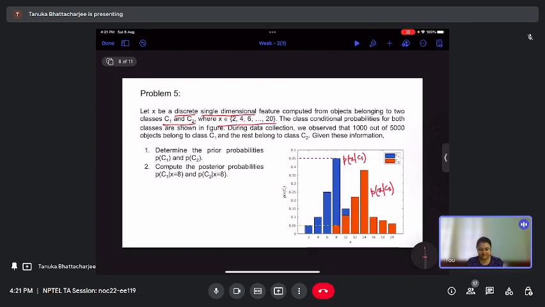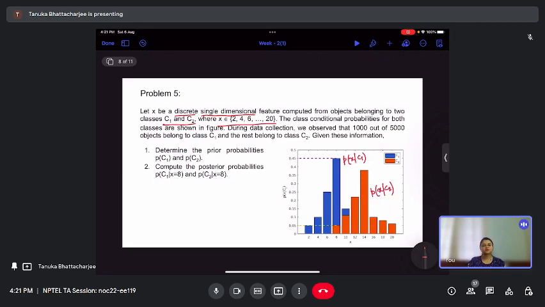Now it is said that during data collection we observed that 1000 out of 5000 objects belong to class C1 and the rest belong to C2. Given this information, first we have to determine the prior probabilities, probability of C1 and probability of C2.